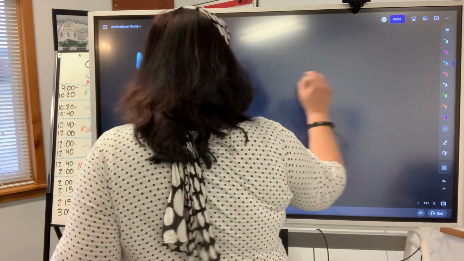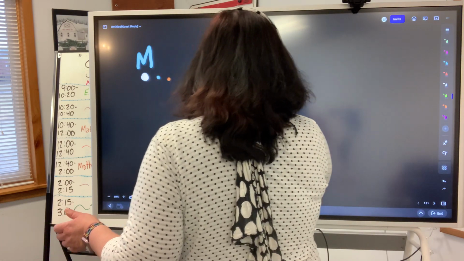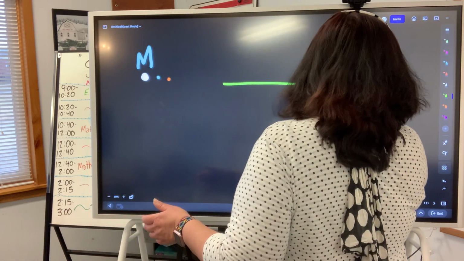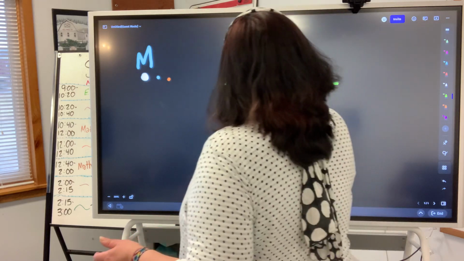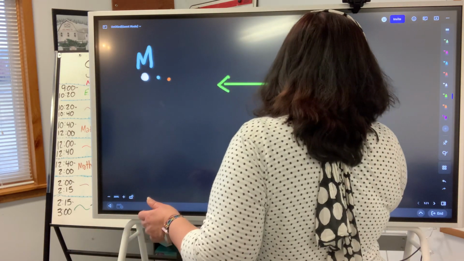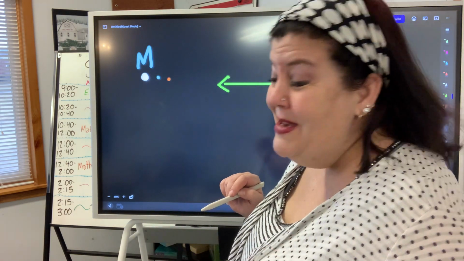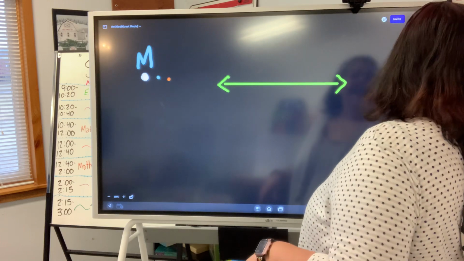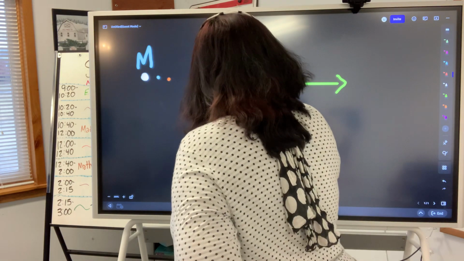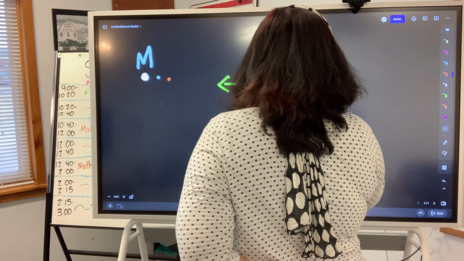We have here, I want an exciting color, a line. And then on this line, we're going to put two arrowheads, right? Okay, now we bring in our points. So I'm going to put one here, and I'm going to put one here.